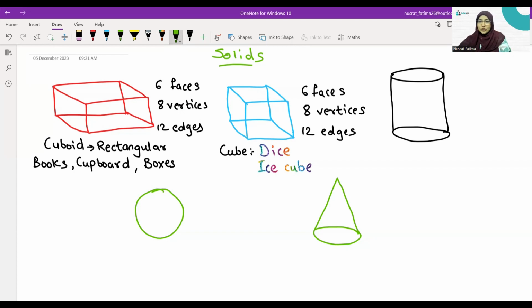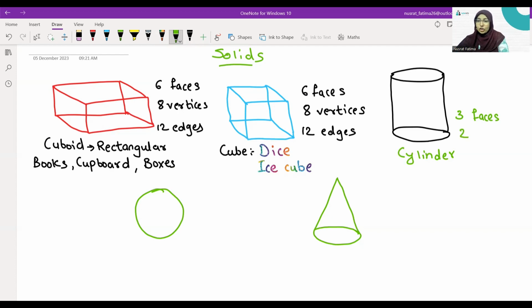This shape is called as the cylinder. Yes, this is cylindrical in shape. Now, how many faces, vertices, and edges does this cylinder have? So, if you look at this cylinder, it has 3 faces, one top, one bottom, and one is the curved surface. So, total of 3 faces.